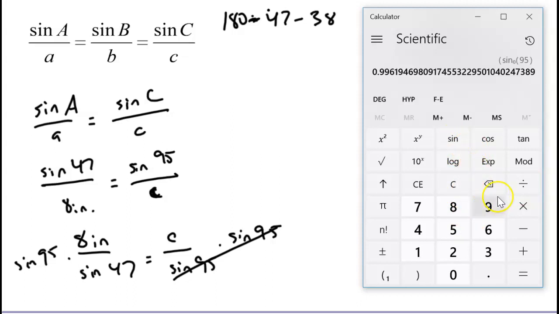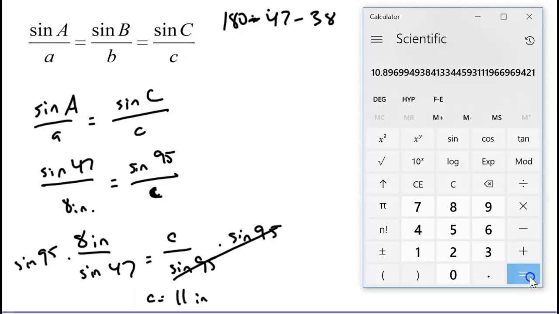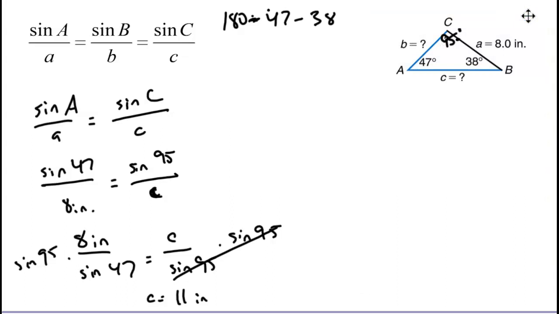Sine 95 times 8, divided by sine of 47, equals 10.89, which I'm going to round to 11. So C is 11 inches. Let's go back and look at how that looks in this problem. That says C is 11 inches.